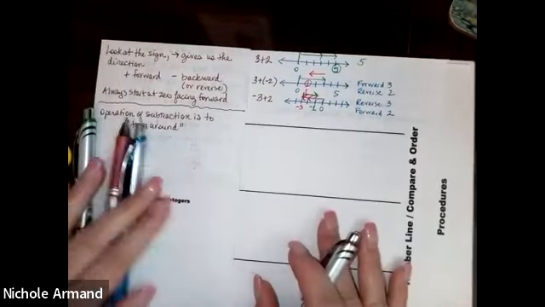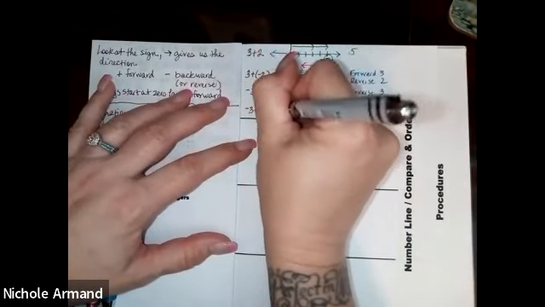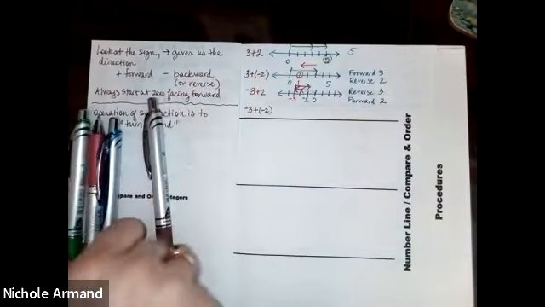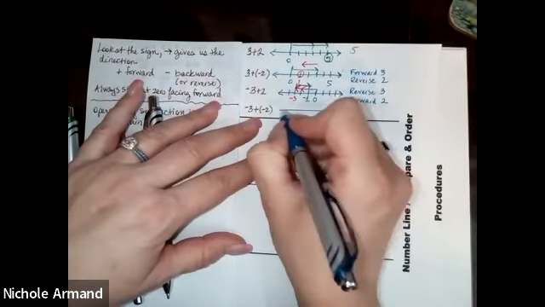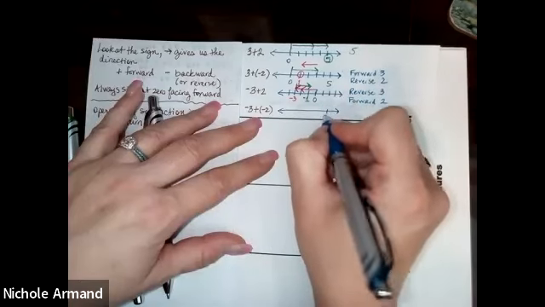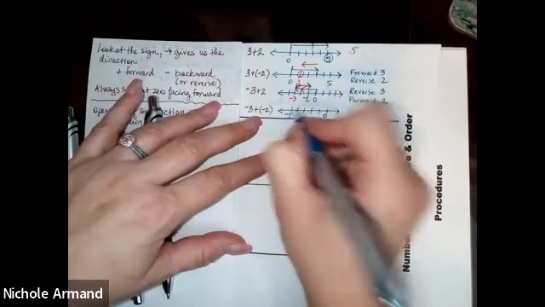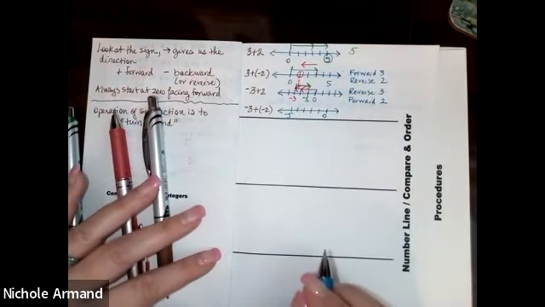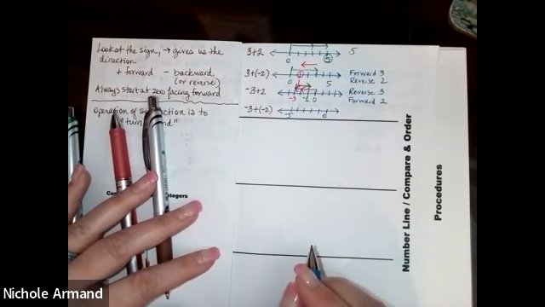Okay, now we want to do -3 plus -2. So this time I'm still facing forward at 0, but I'm going in reverse 3 spaces because the sign on the 3 is negative.